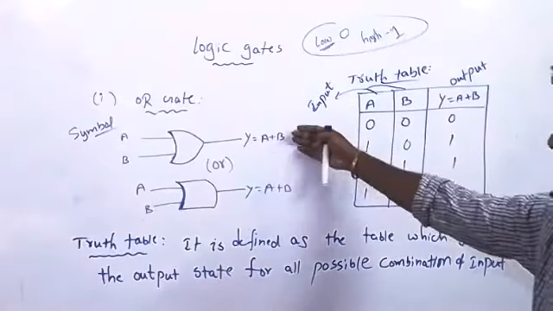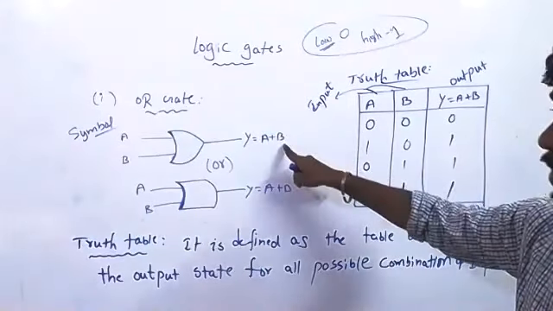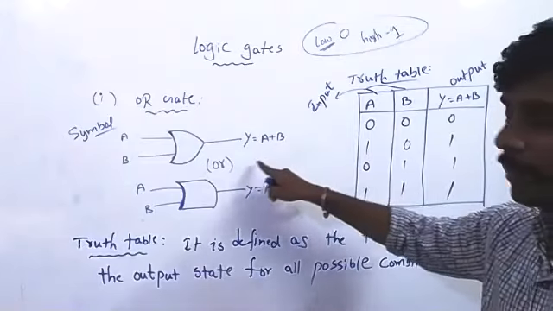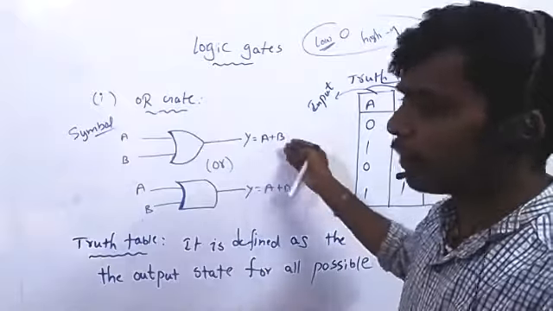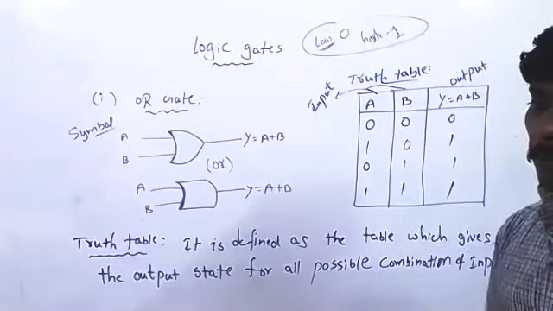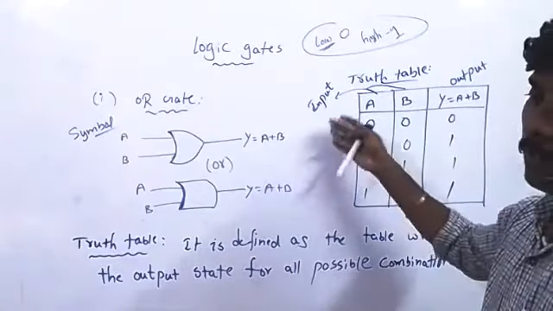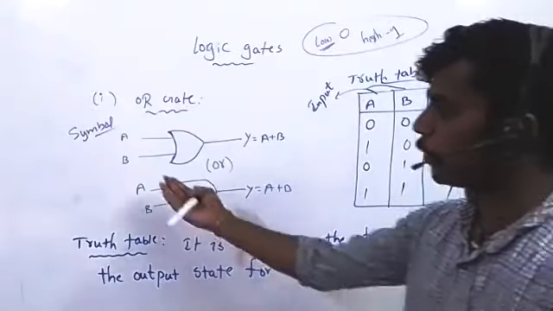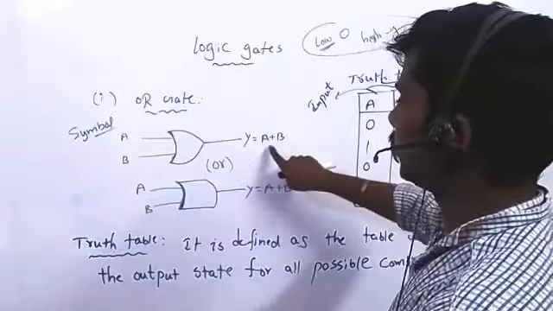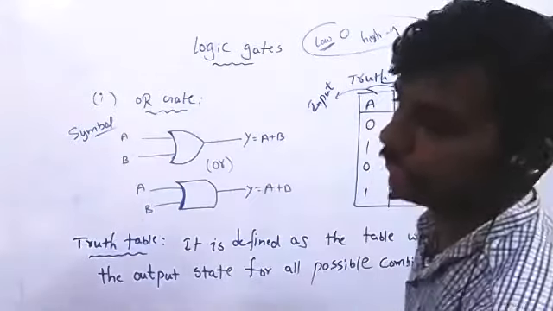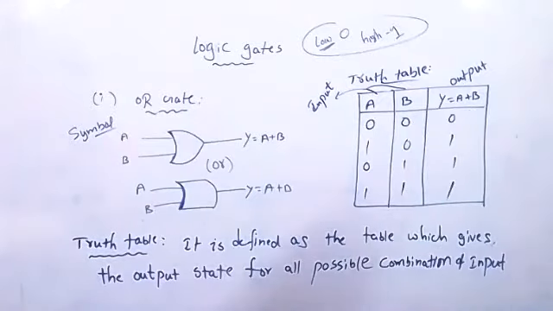Symbol. Formula for OR gate is A plus B. If I give 3 inputs, then A plus B plus C, that's all. If I give 4, A plus B plus C plus D, like that. How many inputs you give, but output is only 1. That output is either you will get 0 or 1.